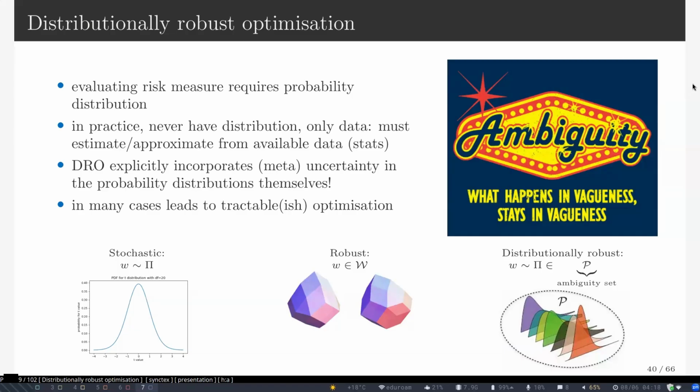So we have to estimate whatever we have from the data. So that's the framework. Distributionally robust optimization explicitly incorporates this meta-uncertainty in the probability distributions themselves. And it leads to things that are kind of tractable.